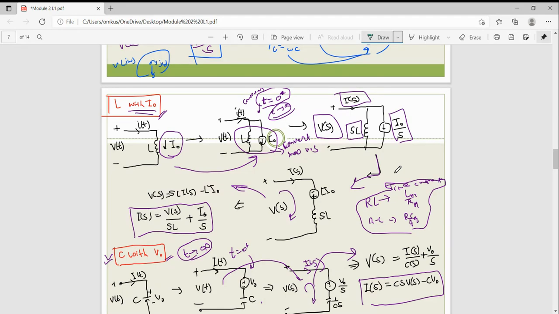So how does that element react when we use the Laplace transform, and what are the respective equations, we will see here.